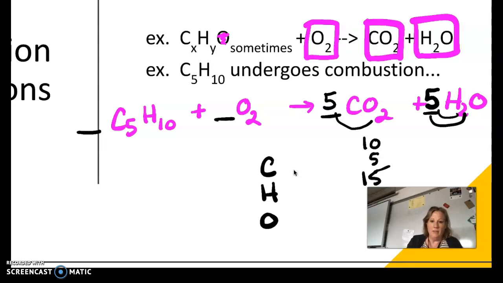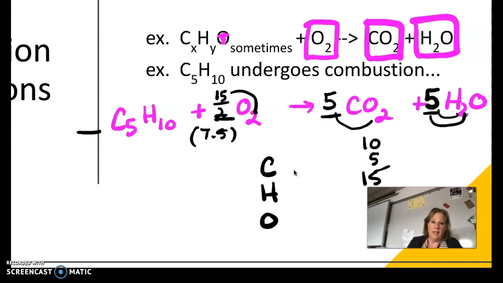So you remember when we have an odd number, that's where we can use the fraction 15 halves. Because 15 times 2 is 30, divided by 2 would give me 15 total oxygen. Just O's, not O2's. You can also think of it temporarily, but don't leave it like that, as 7.5.